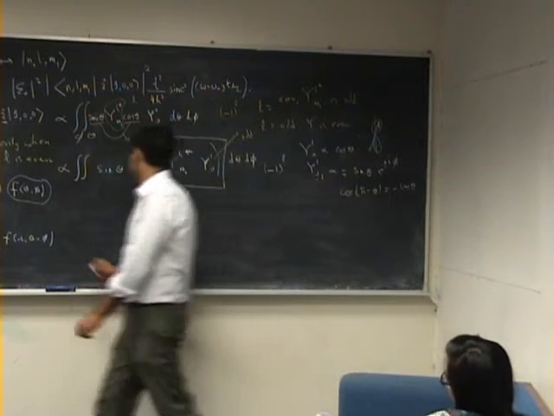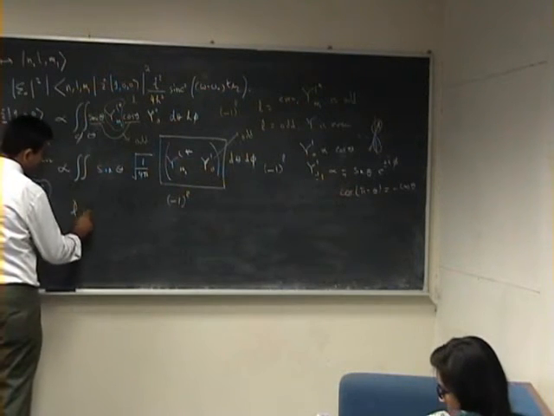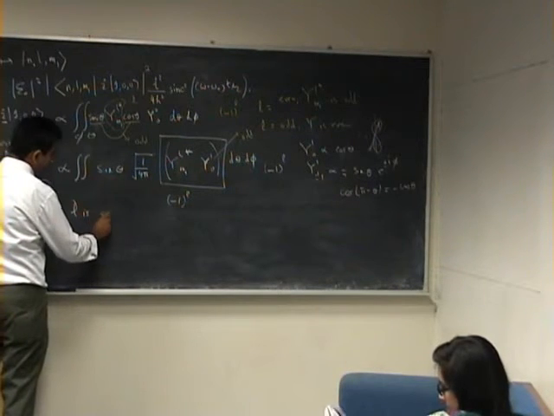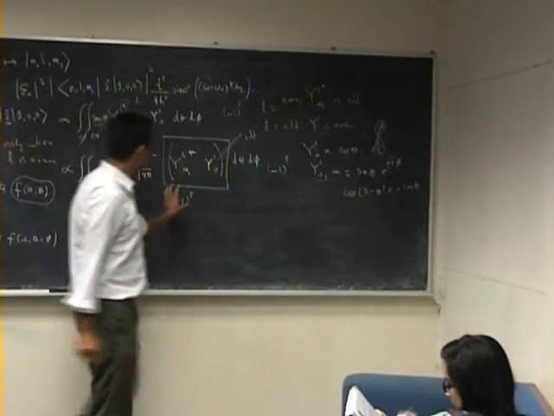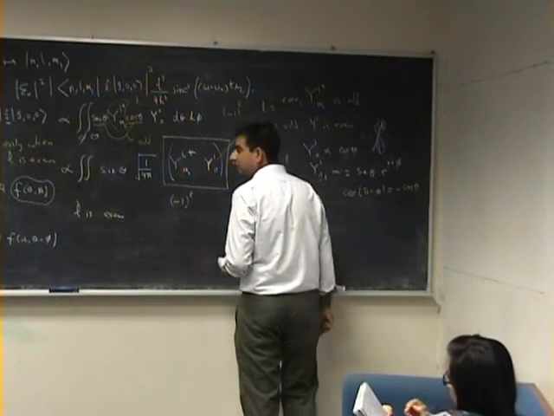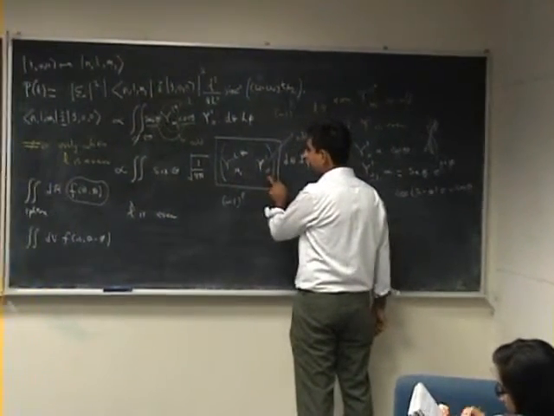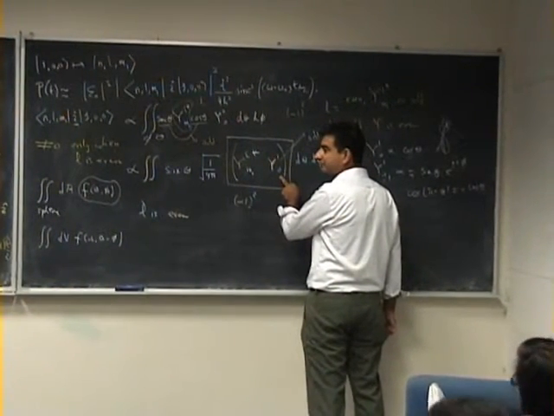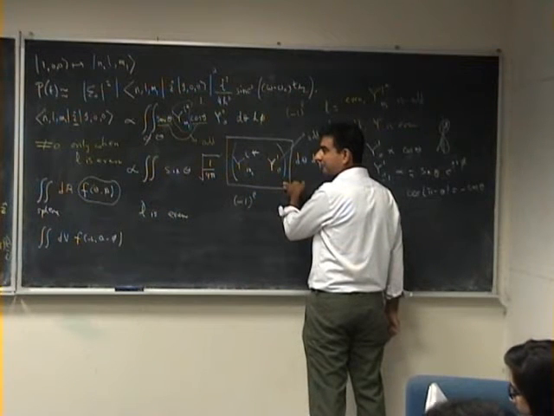The parity of this function is -1 raised to power l. Now suppose l is even. If l is even, this is odd, and the other is also odd, so you get an even function.